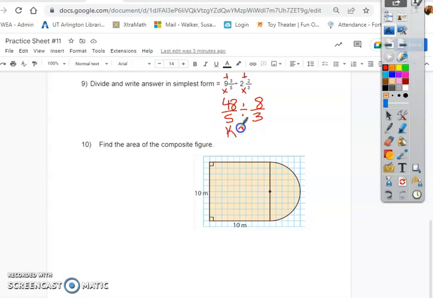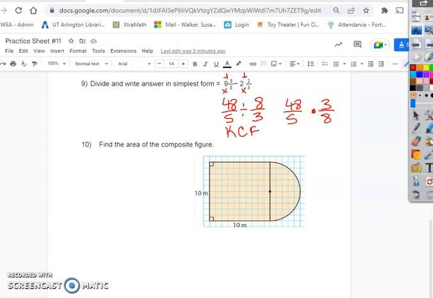And then we do keep, change, flip. Okay? Now there is a relationship here. I'm not going to do it for you, but I'm going to give you a big old hint. Oh, and I can stop right there. See if you can do that by yourself, okay?